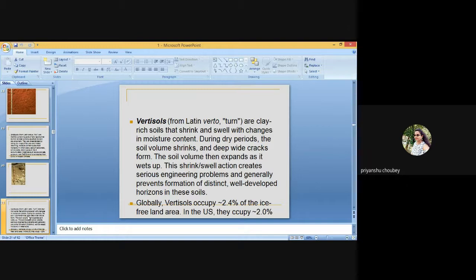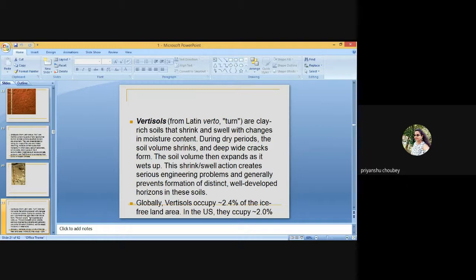The soil volume shrinks and deep wide cracks form, and then the soil expands as it wets up. The shrink-swell action creates a serious engineering problem and generally prevents the formation of distinct developed horizons in these soils.